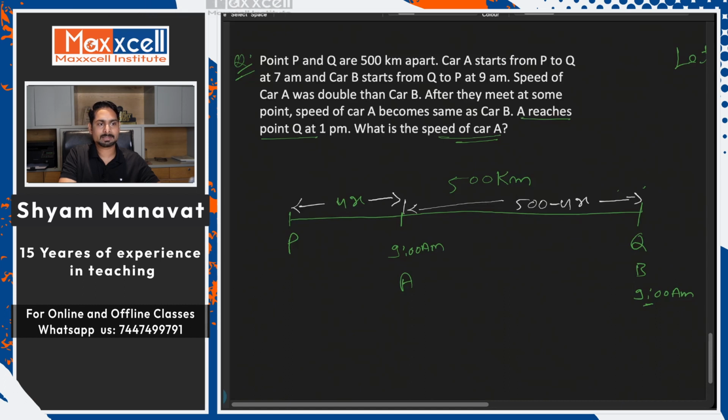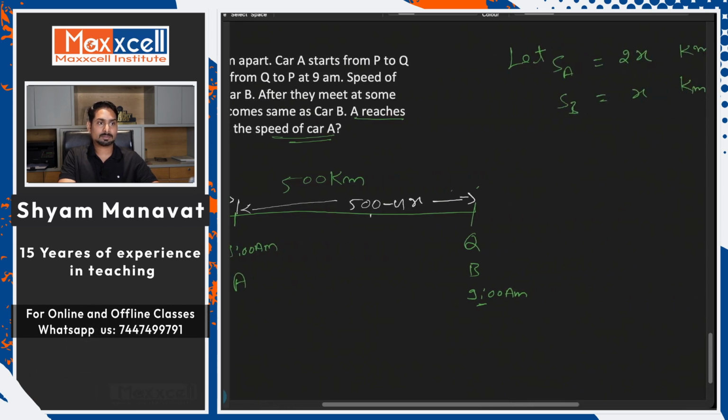Total is 500 kilometers, so 500 minus 4x is the remaining. Now at what point will they meet? They still have speeds in the ratio 2:1, right?